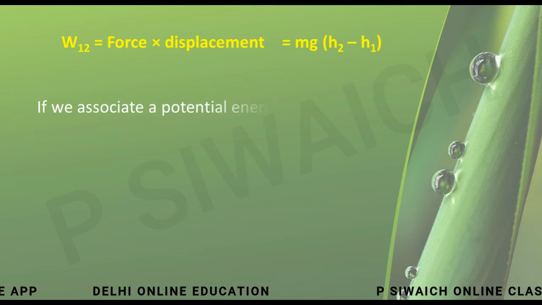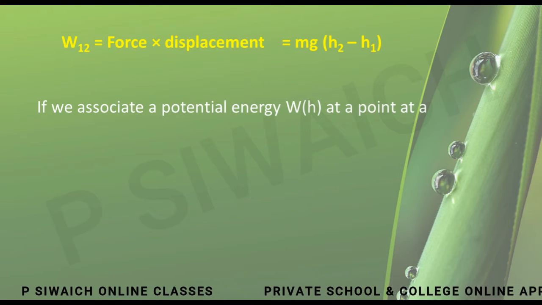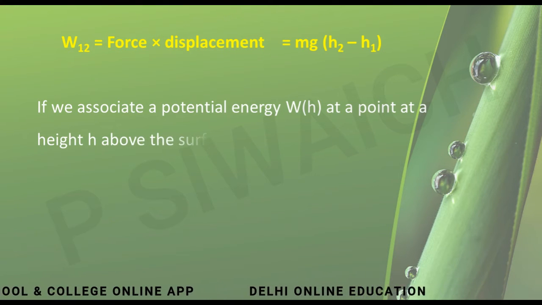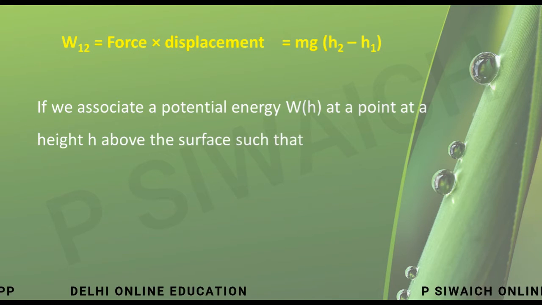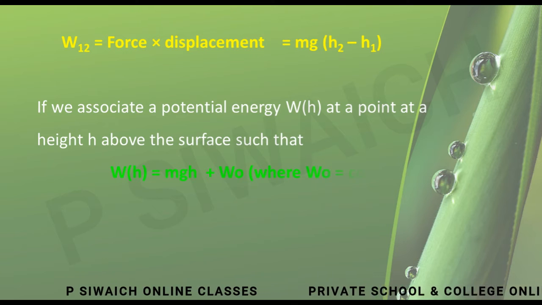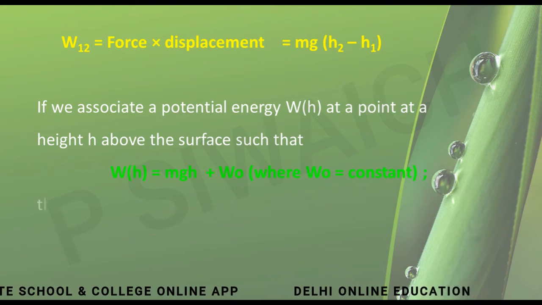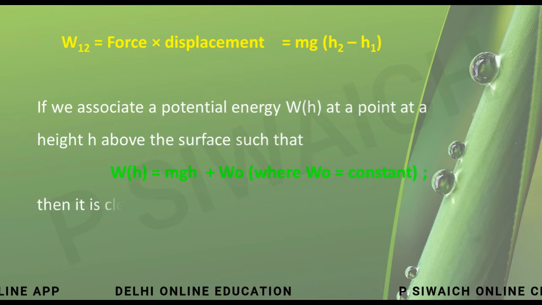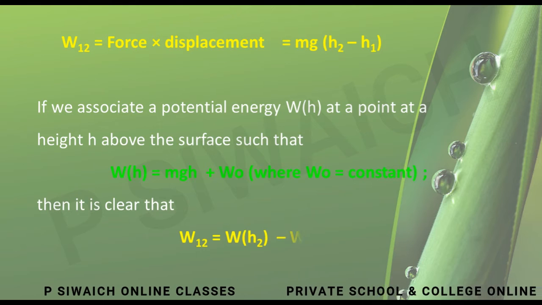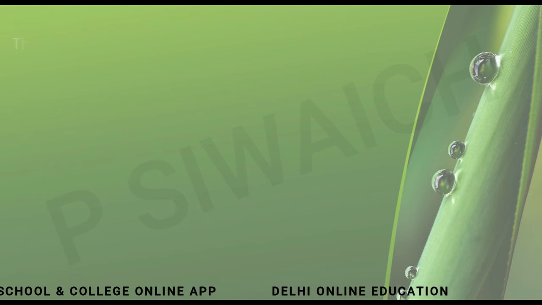If we associate a potential energy W(h) at a point at a height h above the surface such that W(h) equals mgh plus W0, where W0 is a constant, then it is clear that W12 equals W(h2) minus W(h1).